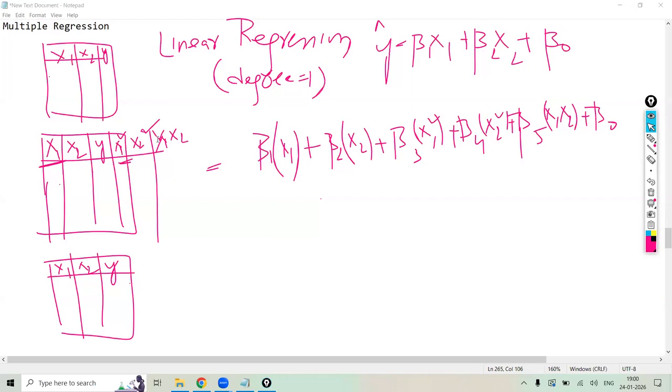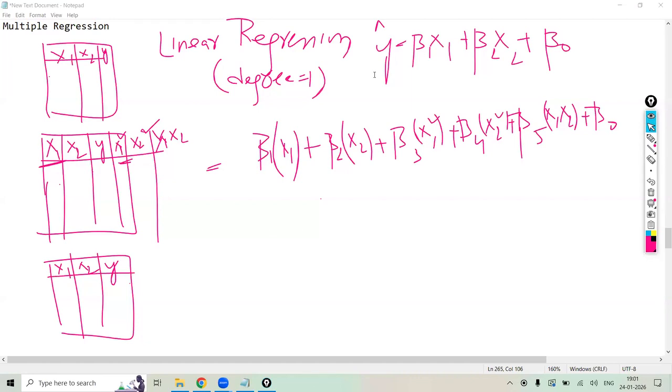It means that at the same time, whatever you are investing, the impact is not only on the TV but a combination of TV and radio. It's a combined variable. So it is not dependent on a single column, it's a combination of two variables.